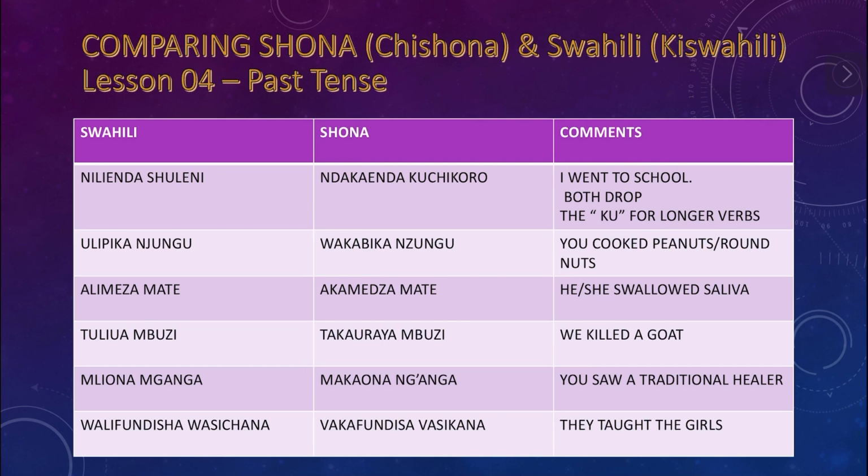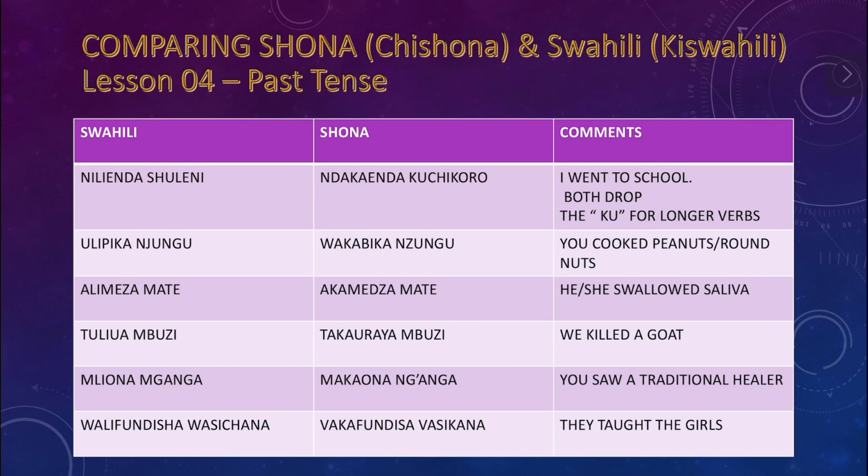In Swahili, for short verbs with only 2 syllables, like kula, kunywa, kufa, they add the ku. But if it is a longer verb like kuenda, they drop the ku just like in Shona.